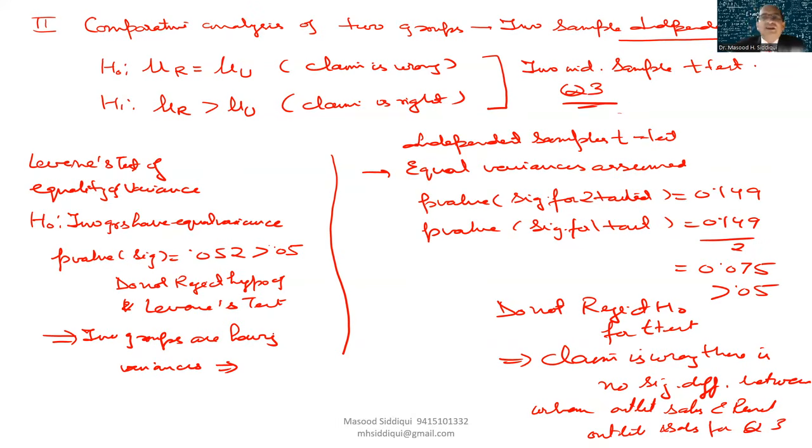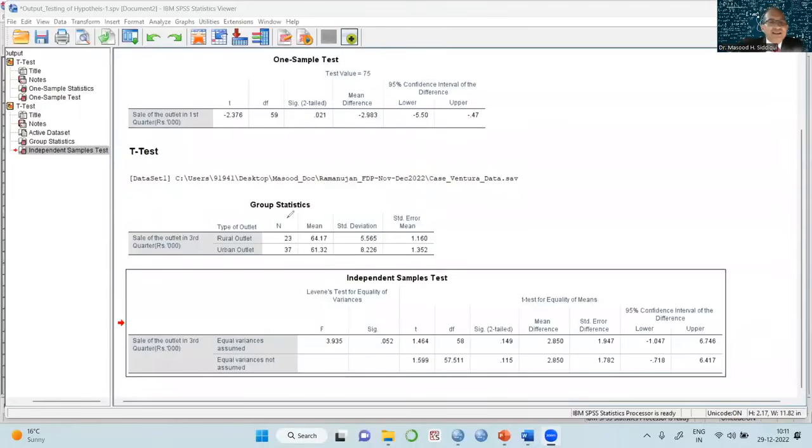So just to confirm this, I will be again showing you the results, right? Here, I will be explaining this. First we will be discussing the Levene's test for equality of variance. As you see, the p-value for the Levene's test is greater than 0.05, right? So we do not reject the null hypothesis of equality of variances for the Levene's test, right? Since we do not reject, we will be considering equal variance assumed.